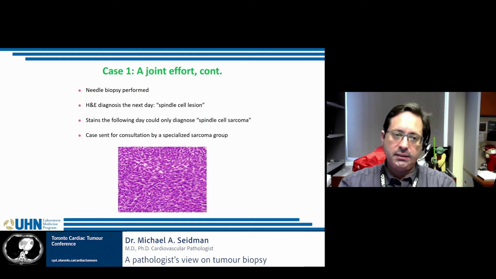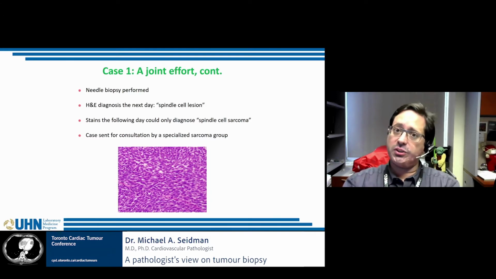I did some stains, so this would now be the 2nd day post-op, and I could confirm that it was a sarcoma, but that was about all I knew, and we didn't have the resources to do much more at UHN. So after we ran out of stains, we sent it across the street to our colleagues at Mount Sinai Hospital, who have a specialized sarcoma group. And I will follow up later with what happened next.